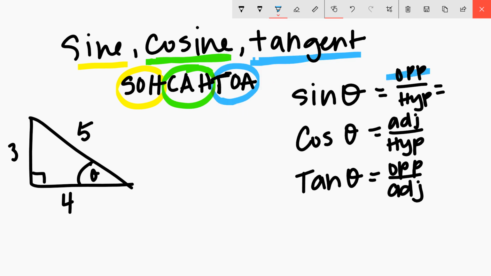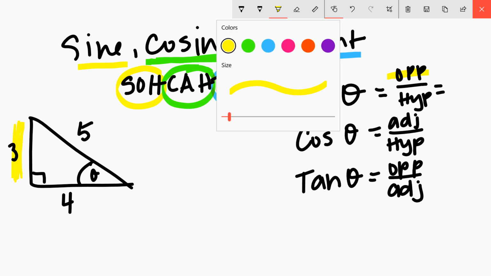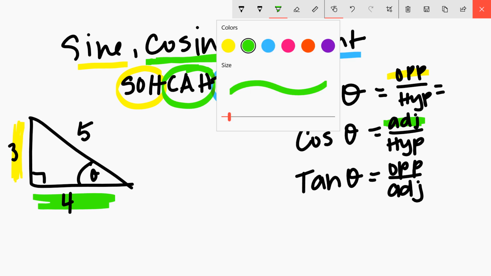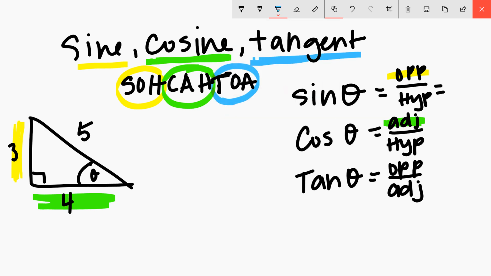Opposite in my yellow is here. And adjacent is here. And let's use pink. Hypotenuse is there.